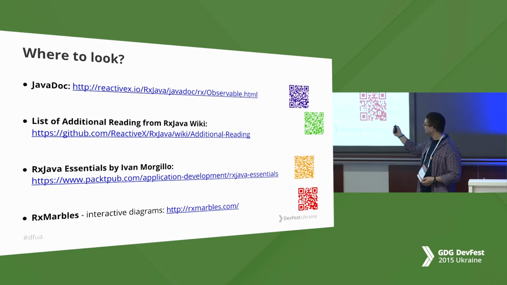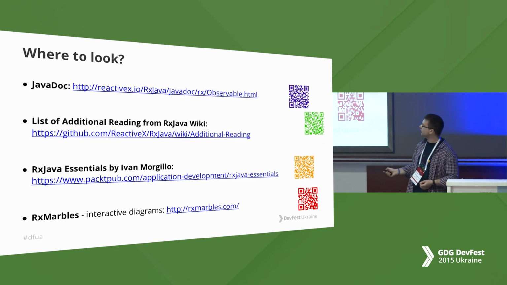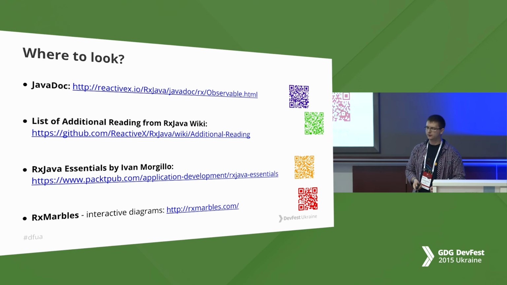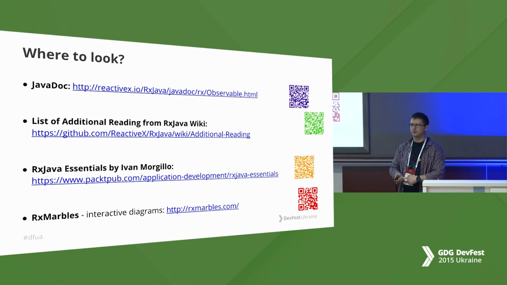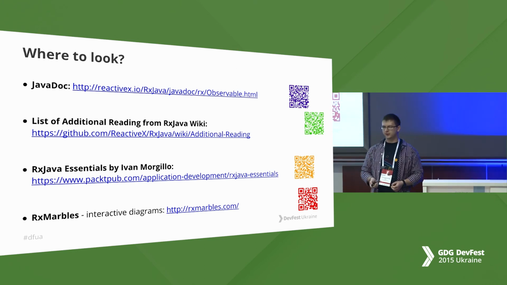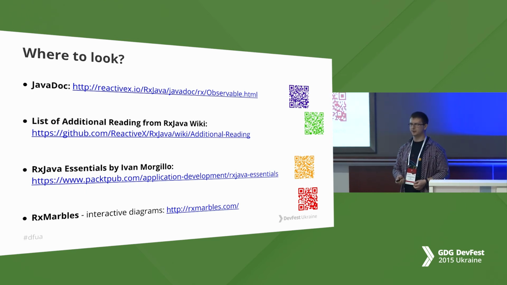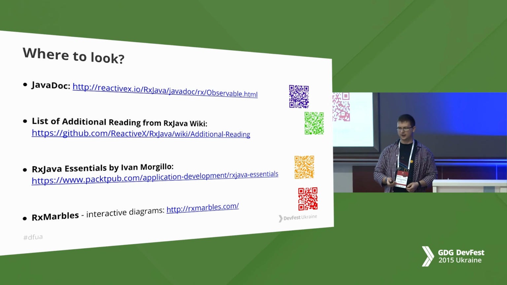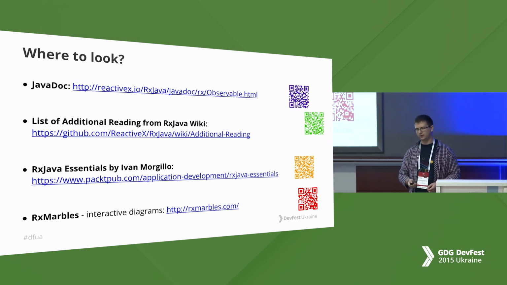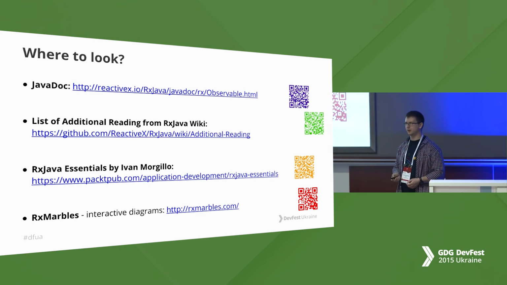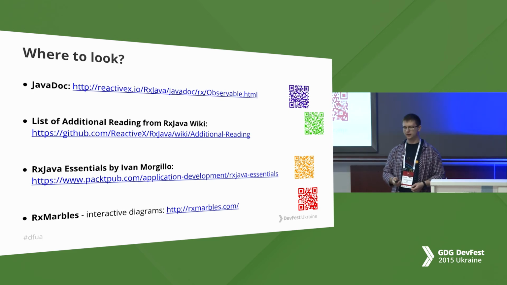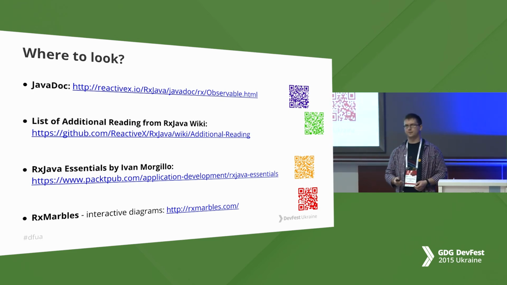You can use these QR codes, or just remember that there are a lot of sources on RxJava. There are a lot of sources like additional reading on GitHub. There is a great book, RxJava Essentials by Ivan Morgillo. Also, this year, there is a book made by Matt Dupre that is even better. Sorry, I did not mention it here.